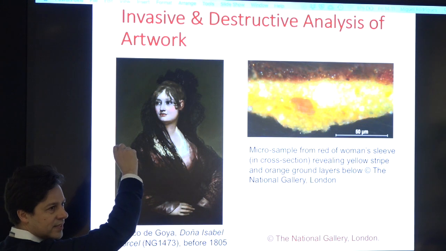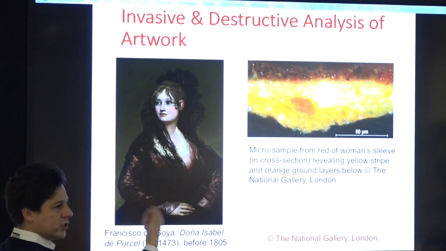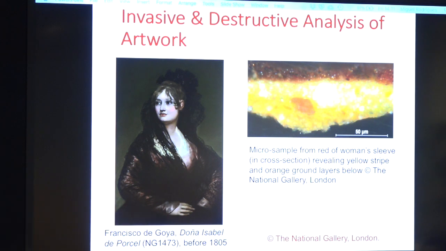You've got this red layer, which corresponds to the red sleeve. But you also see other layers, such as a yellow layer below this red layer, as well as the orange ground type of layer. So that's a way of studying paintings, and people often resort to this way in order to understand paintings better.